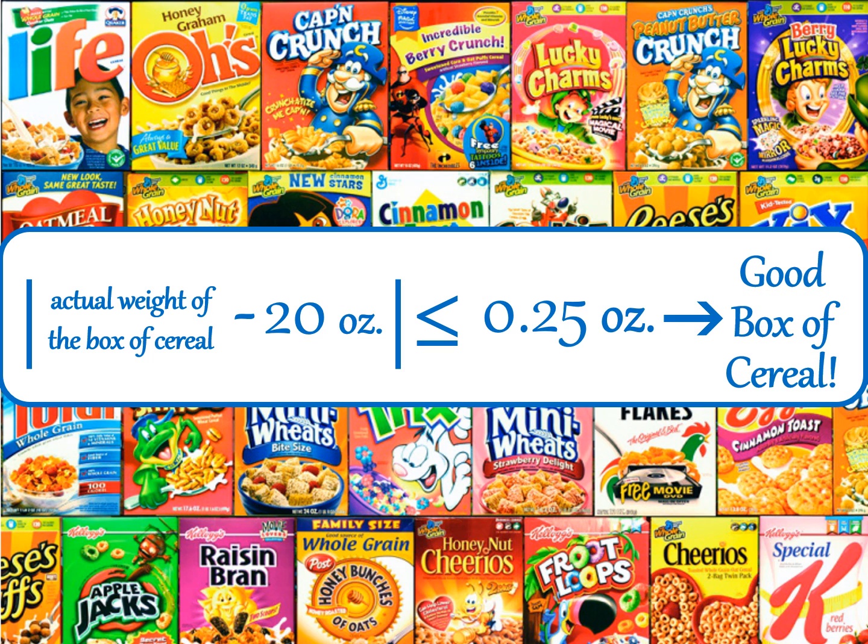First, you determine the actual weight of the box of cereal, and you find the difference between that weight and 20 ounces. Next, you convert that difference to its absolute value. If the absolute value is less than or equal to 25 hundredths of an ounce, it's a good box of cereal to sell.